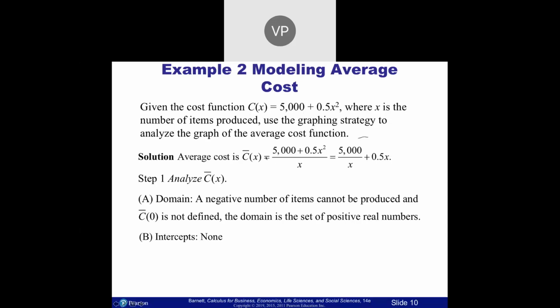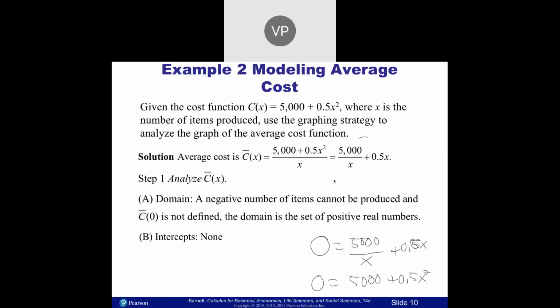Can there be an x-intercept? Well, I need to set the function equal to 0, and when I do, I believe I'm going to get a negative, but let me just show you. If we set the function equal to 0, what we're supposed to do is solve it. I can multiply both sides by x, and I get 0 equals 5,000 plus 0.5x squared.